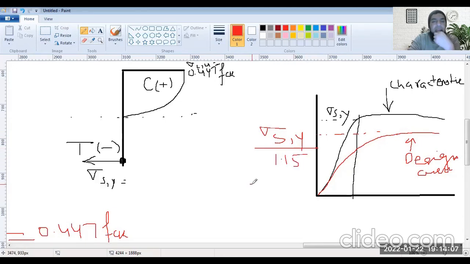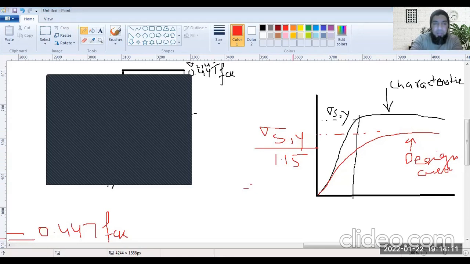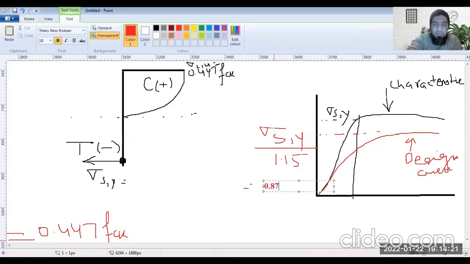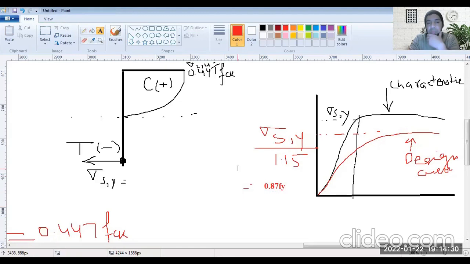So what value does this come to? It comes to 1 divided by 1.15, which is 0.869. That's 0.87. Now sigma sy, or you can call it fy. By both terms we designated sigma sy or by fy.